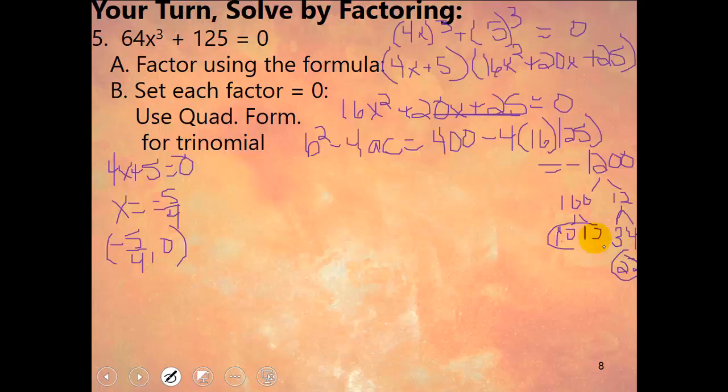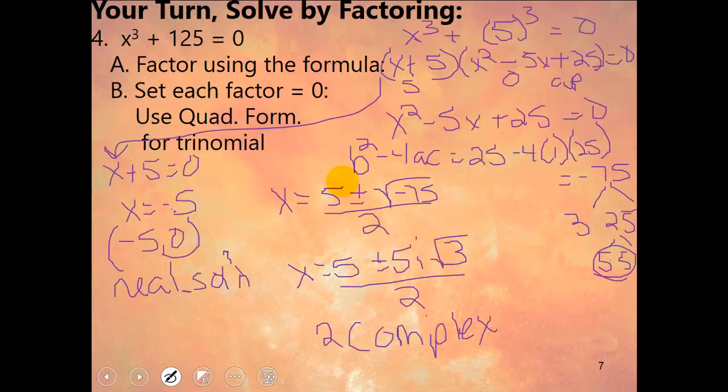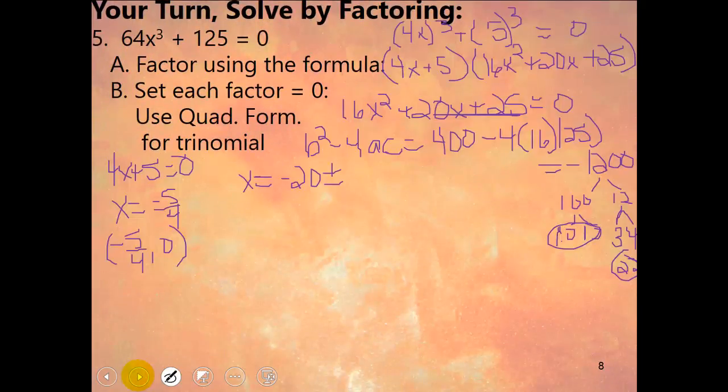So I'm going to take out 20 and leave under the 3, and I'm going to take out the i as well. So I have x equals -20 plus or minus 20i root 3 all over 32.